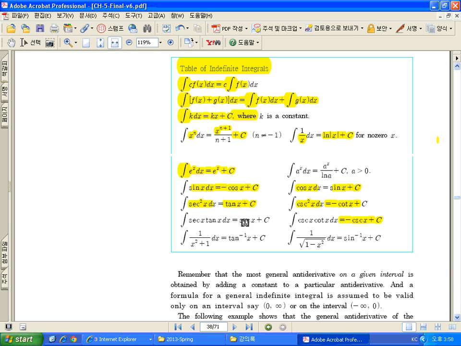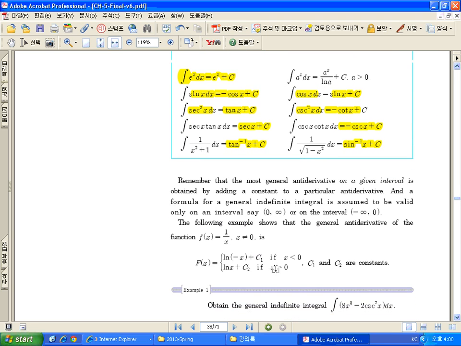Since we know how to find the derivatives of these functions, we already have the formulas for the integrals. Since we know the derivatives of many functions, we can easily draw the indefinite integral formulas like this.